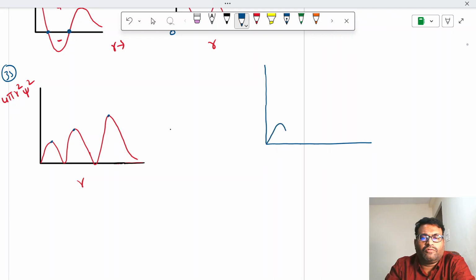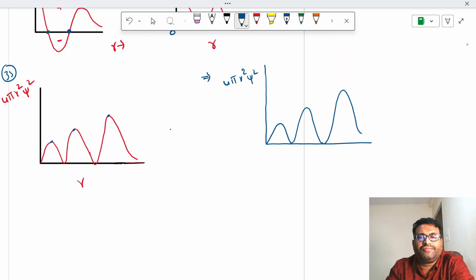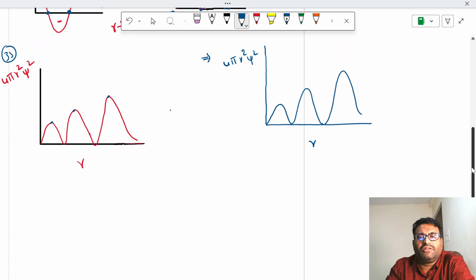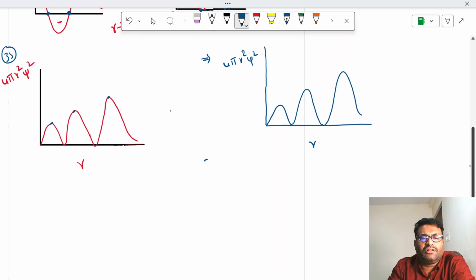There are 3 peaks, so this will be possible only for 4 pi r square psi square. Here is a question: for which orbital is this graph applicable?